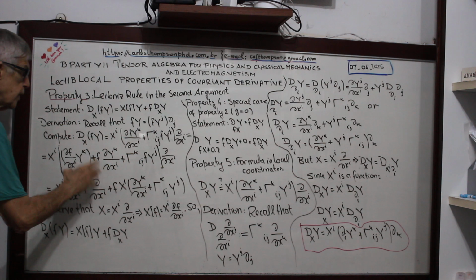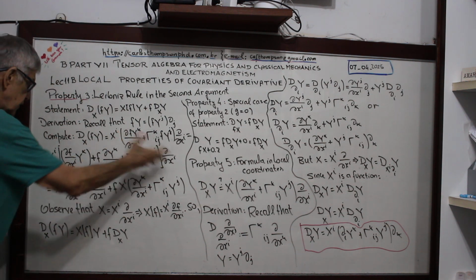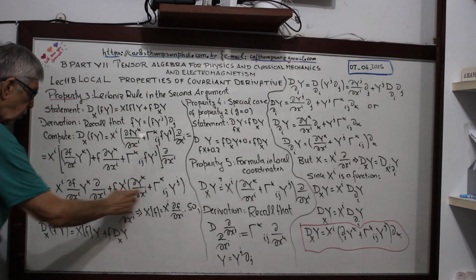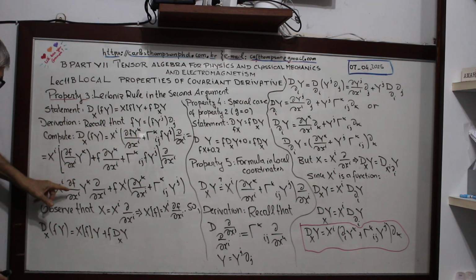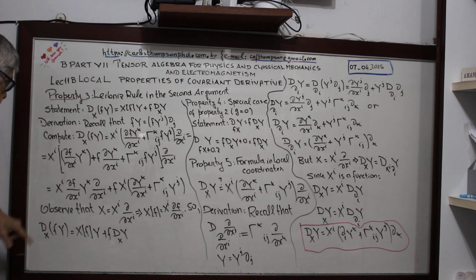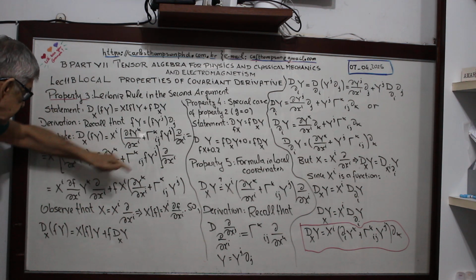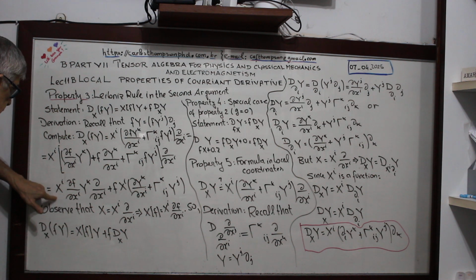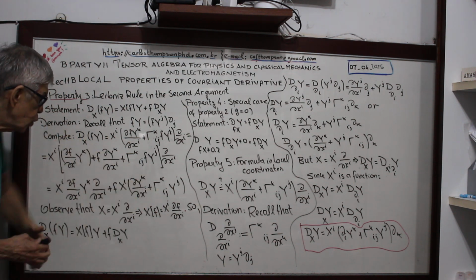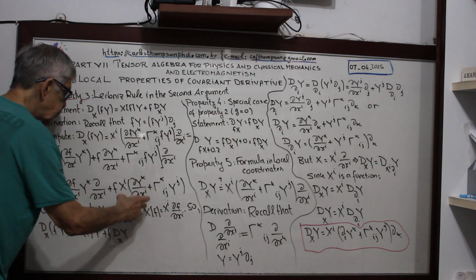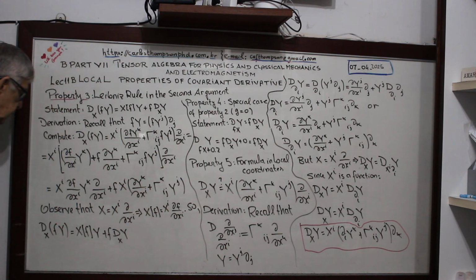Then this leads to this relation over here. You just copy, so that X^i multiplies this, this, and this. You just group, okay, these two terms are there.